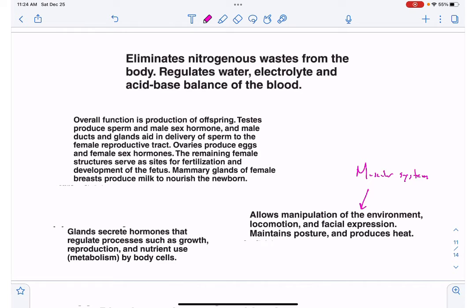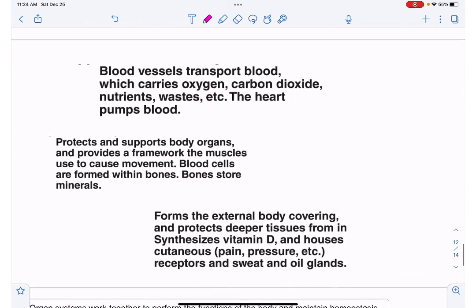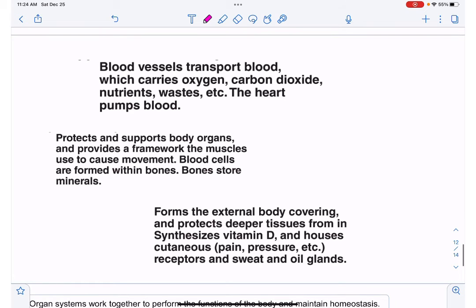This is the muscular system. Forms the external body covering. Synthesizes vitamin D. There's sensory receptors here, pain receptors, pressure receptors, temperature receptors. Sweat and oil glands are part of this system. That's the integumentary system.